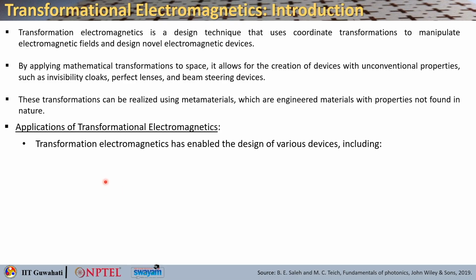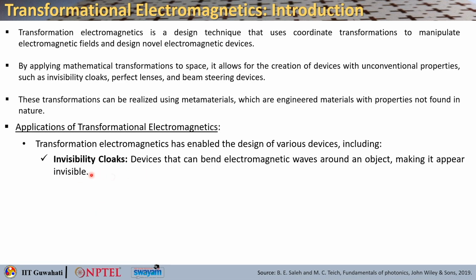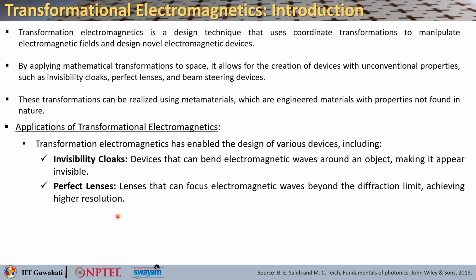So, the applications of transformational electromagnetics can be for invisibility cloaks, that is you can develop devices that can bend electromagnetic waves around a particular object, making that object appear invisible. Other applications could be like perfect lens that can focus electromagnetic waves beyond the diffraction limit.